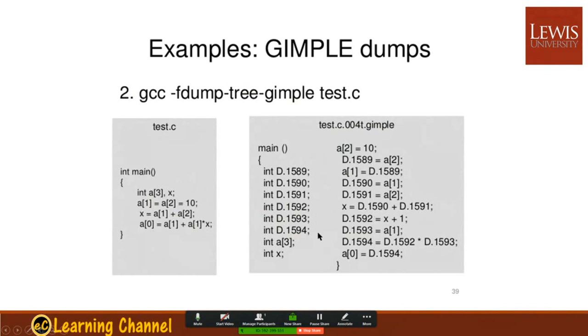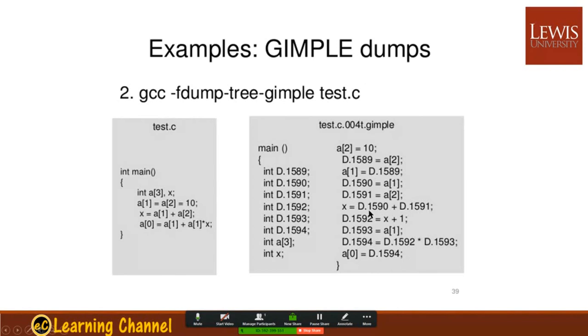That is the original C code, and then here is the temporary assignment of several variables. This part is more machine related, and the previous one is our source program. It's almost like it can be converted into our instructions right away.